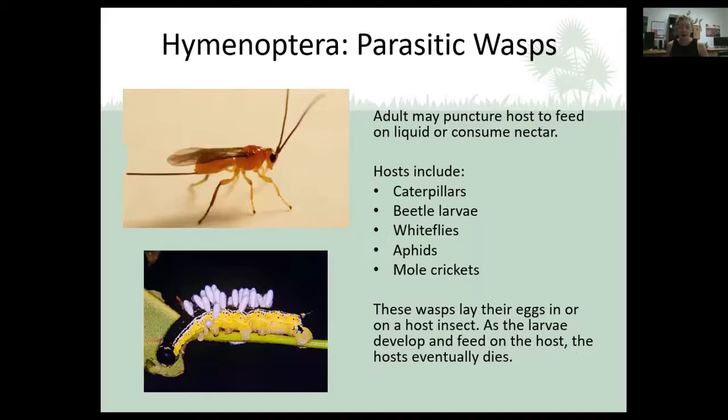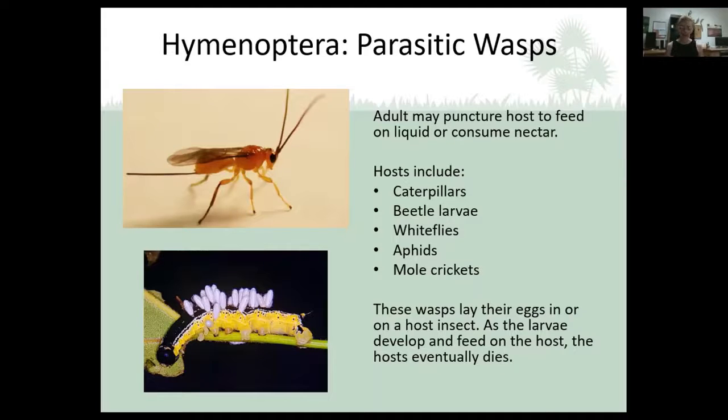The Hymenoptera, the parasitic wasps. These are really cool. Parasitic wasps are commonly used in biological control. They're one of the most successful things in biological control that we have, other than things like Wolbachia and bacteria. Their larvae infect the host and kill it slower than a predator would, but they are often effective in population reduction over time.